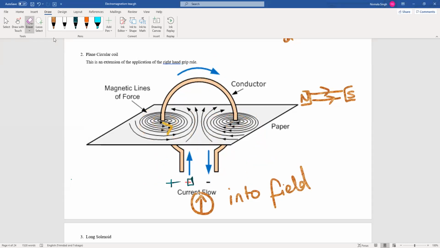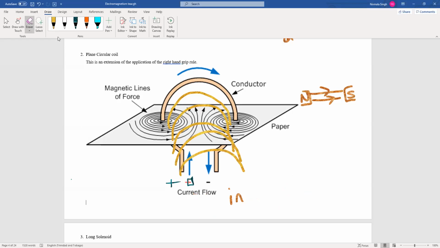Instead of just one coil, we're going to have a next coil, a next one, a next one. Each one is going to produce the same thing at the base, a little circular field existing at the base.